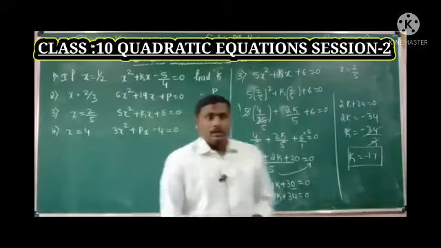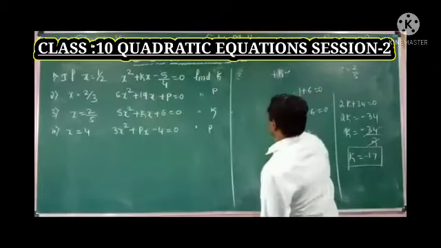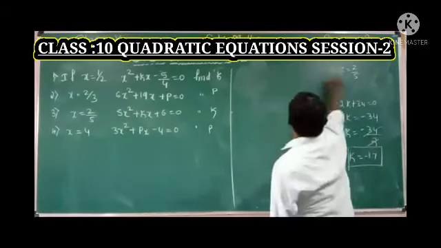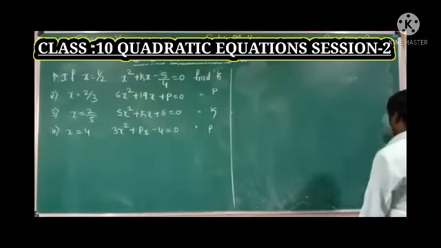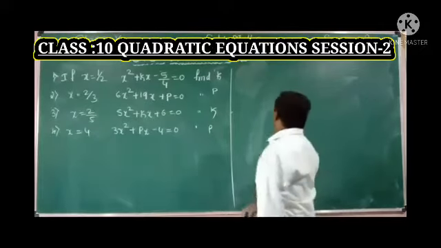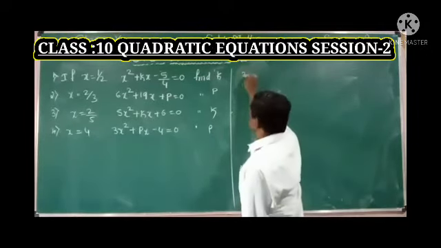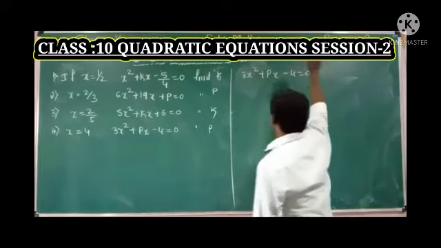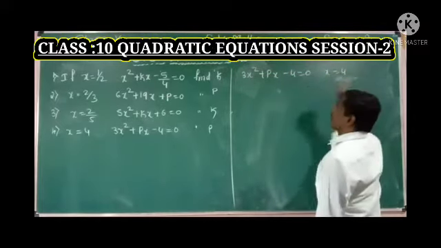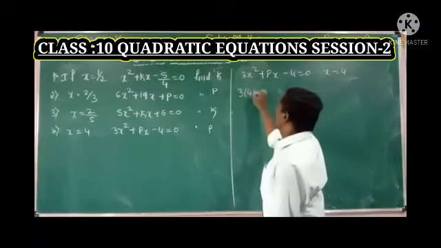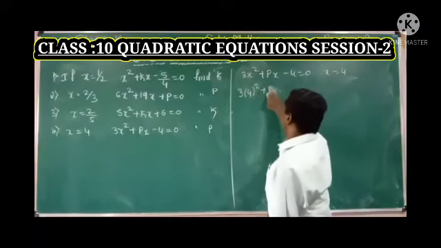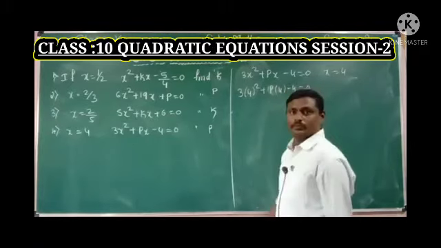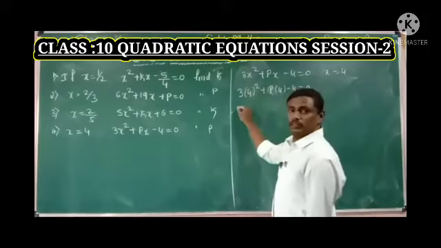See the last question. In the fourth question, what is the given quadratic equation? 3x square plus px minus 4 is equal to 0, and the x value is 4. 3 into 4 square plus p into 4 minus 4, which is equal to 0. 4 square is 16, right?